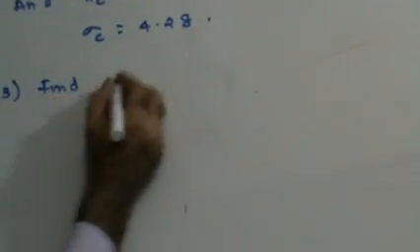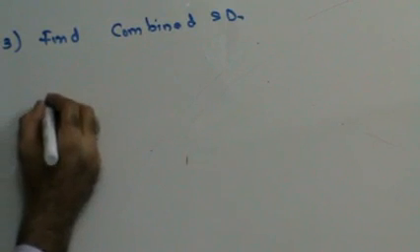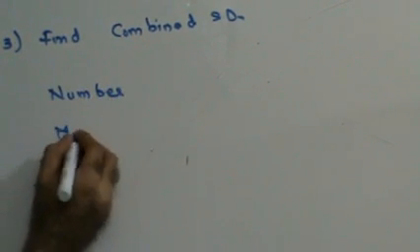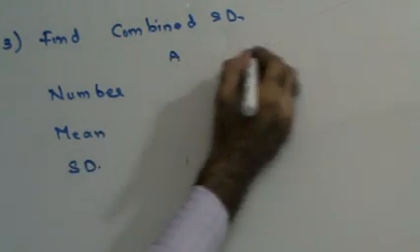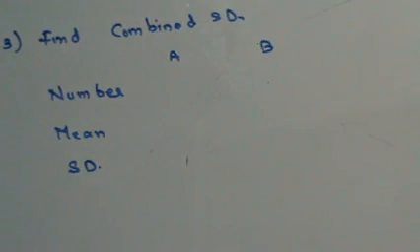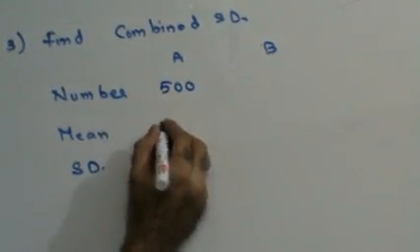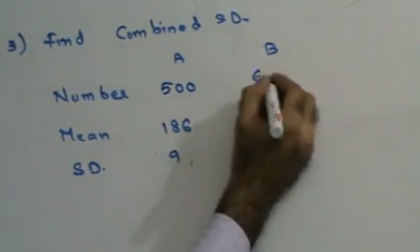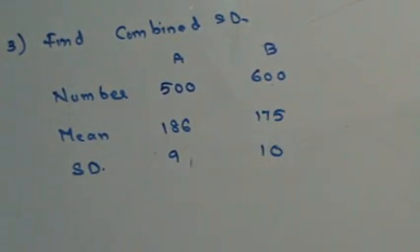Find combined standard deviation. Number, mean, standard deviation. Product A, product B. 500, 186, 9, 600, 175, 10.